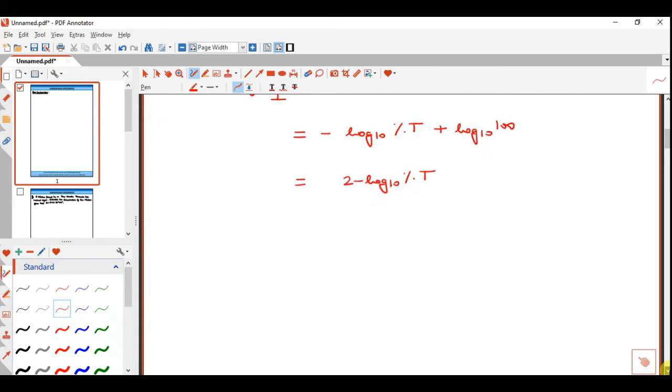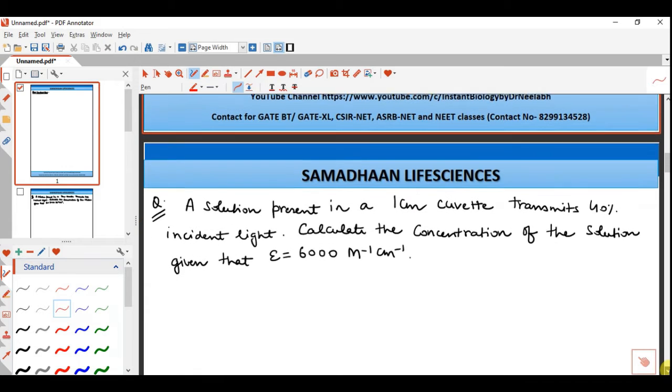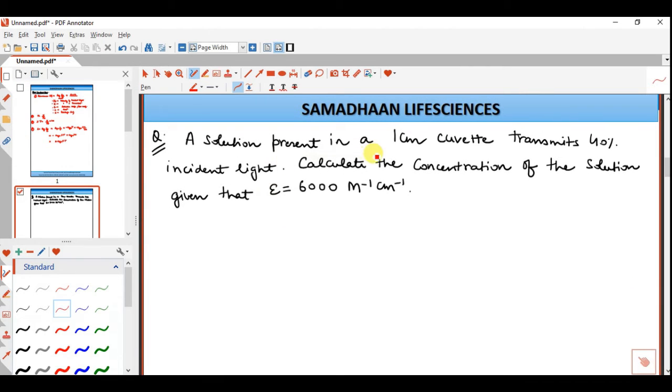I've noted down some questions from the Pathfinder book. The first question is: a solution present in a 1 centimeter cuvette transmits 40% of incident light. Calculate the concentration of the solution, given that epsilon is equal to 600 mole inverse centimeter inverse.